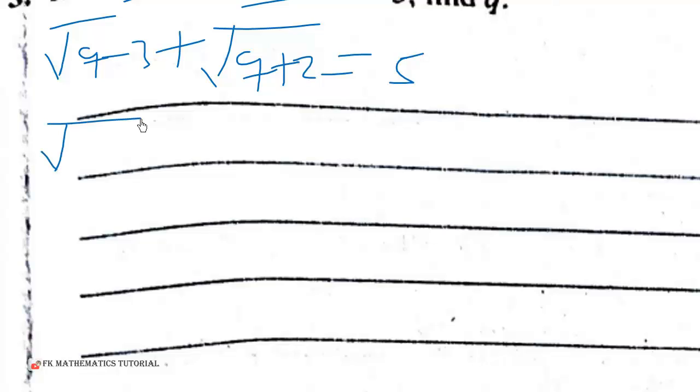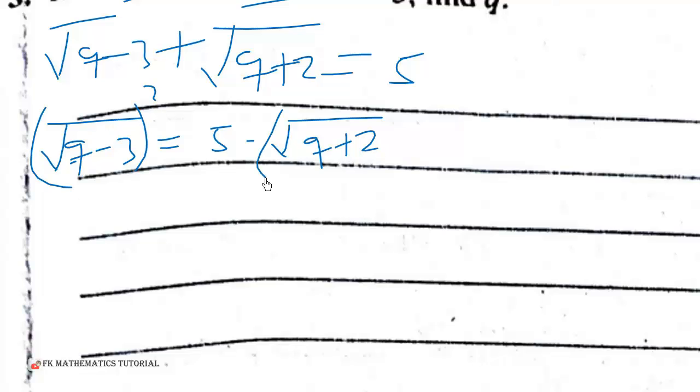So I can send one of the sets. So square root of q minus 3 equals 5 minus square root of q plus 3, plus 2, for easy evaluation. So I can square both sides.